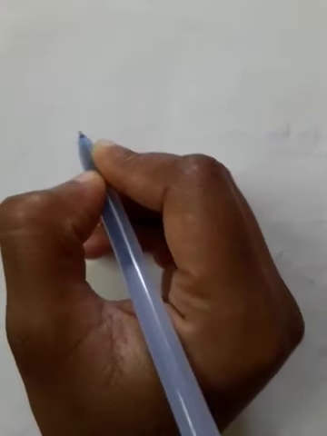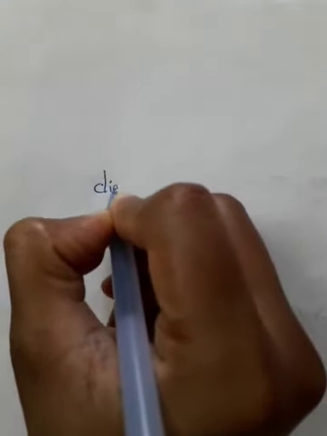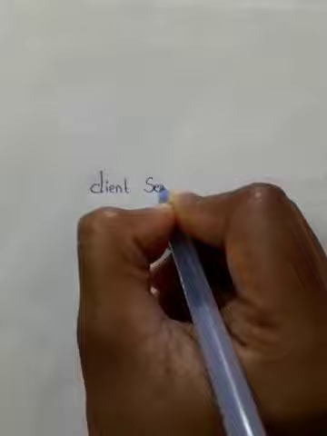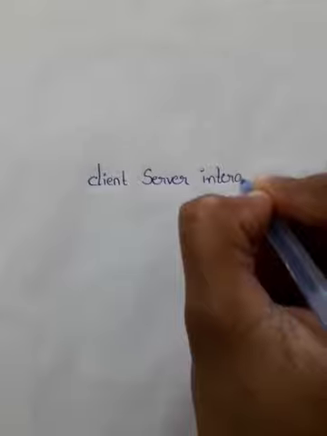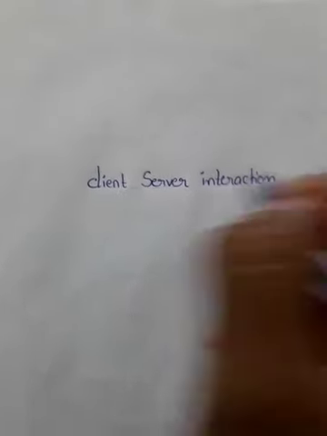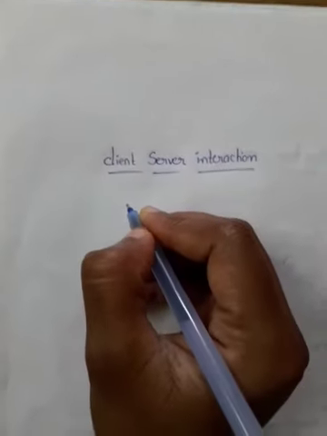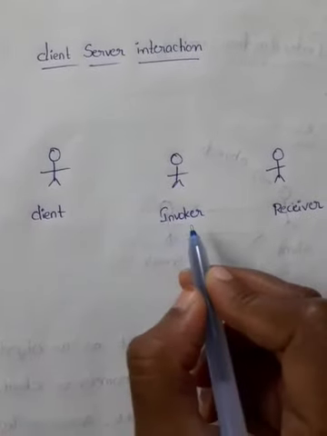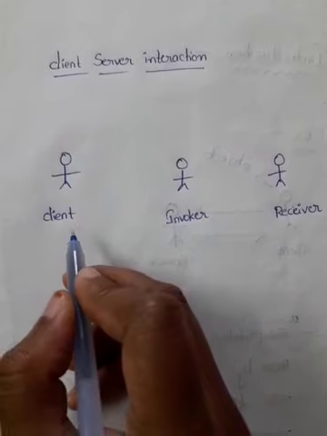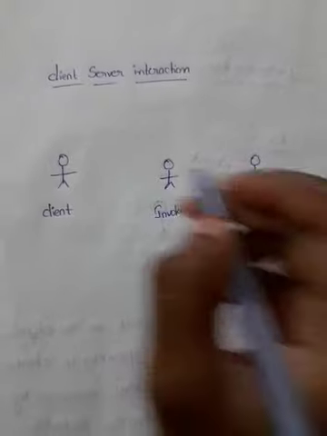Let us see another example for this command pattern, a client server interaction. Here we consider three objects: the first one is the client, then the invoker, and the next one is the receiver.